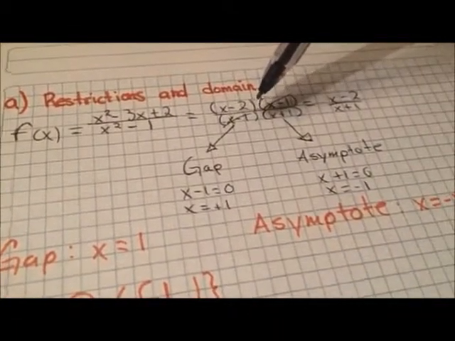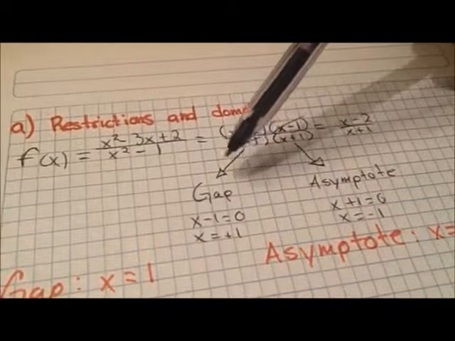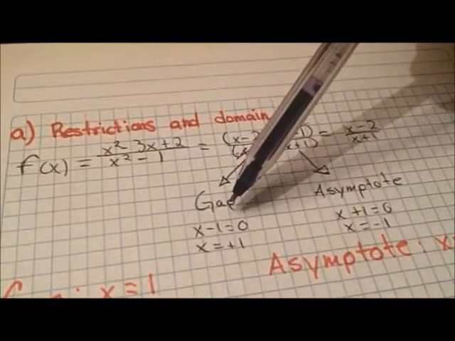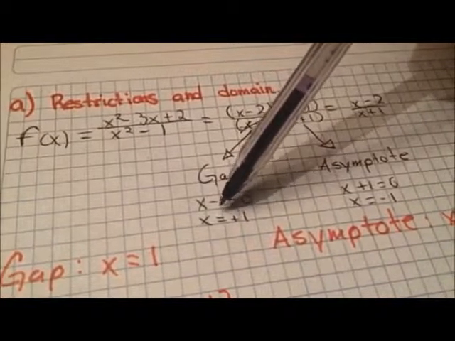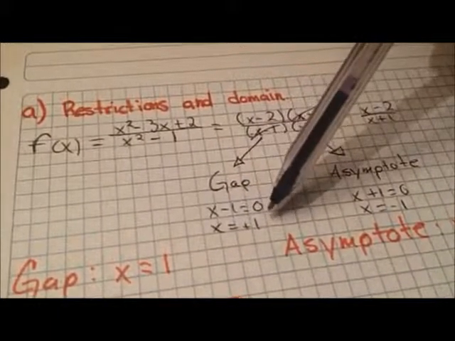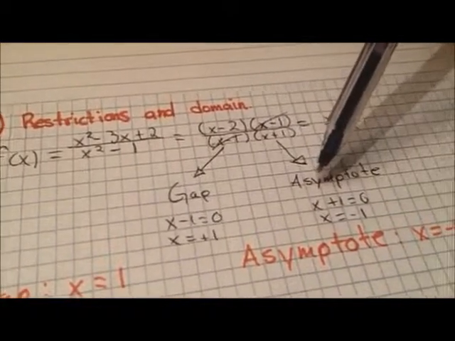The term which eliminates something of the numerator is the gap, so we set it equal to 0 and isolate x, and we obtain x equals 1, so that is the gap, and the other term is the asymptote.